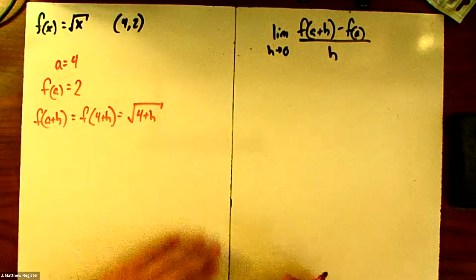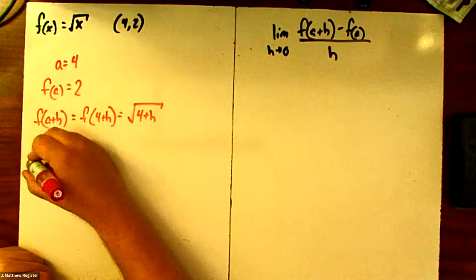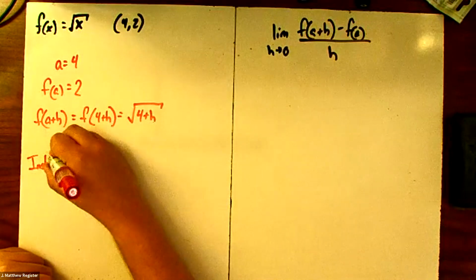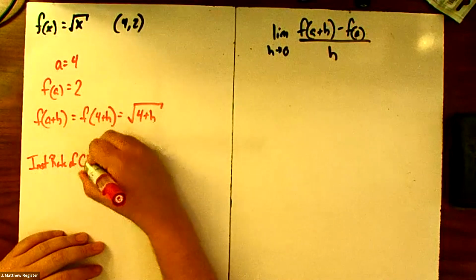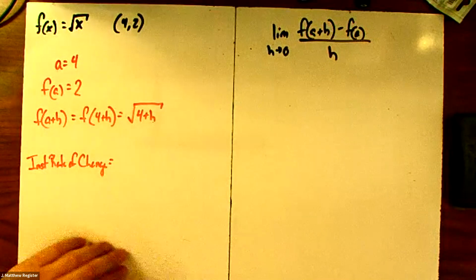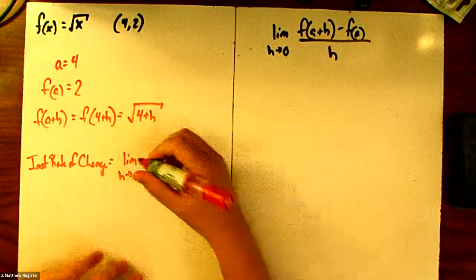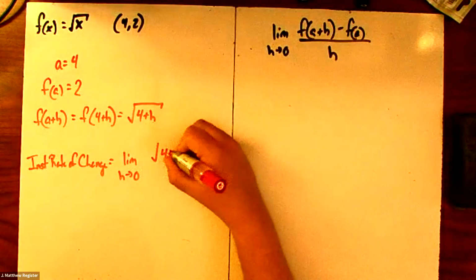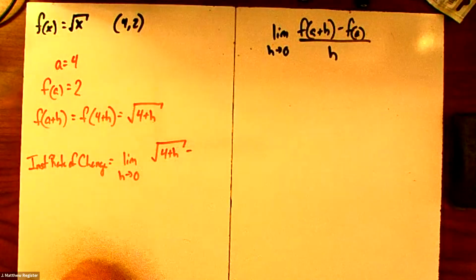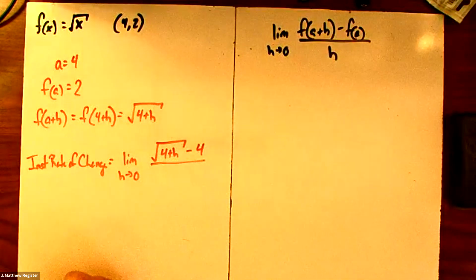Now we have to somehow simplify this. And so our formula, our instantaneous rate of change, I cannot wait to stop writing instantaneous rate of change and write derivative, is equal to the limit as h goes to 0 of f of a plus h, which we know to be the square root of 4 plus h, minus f of a, which is 4, over h, which is just h.